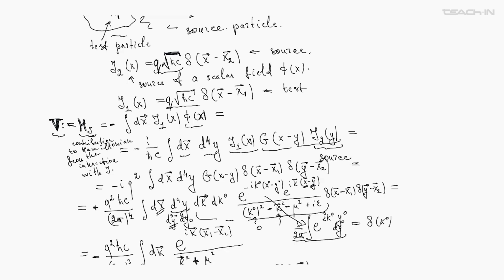And then you compute the contribution to the interaction energy produced by interacting of your test with a field. And the field itself is considered as produced by a source, as coming from the source. This is the way how people compute the potential. This is the way you can compute the potential between two static quarks also in QCD, in quantum chromodynamics. It's one and the same procedure, so the procedure which I'm showing you here is quite universal.